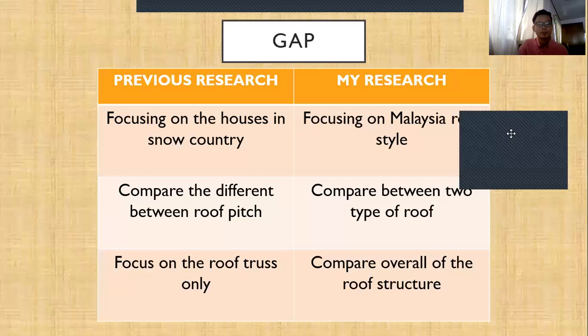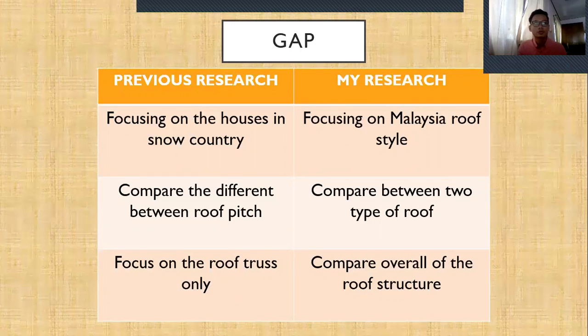So the gap between the previous research articles and my research in Final Year Project 1 is that the previous research focused on houses in snow countries, but my research focuses on Malaysia and Malaysian roof styles, because Malaysia is located in a Southeast Asian country that has a different temperature from other countries which have lower temperatures. Malaysia's temperature is about an average of 25.98 degrees Celsius.